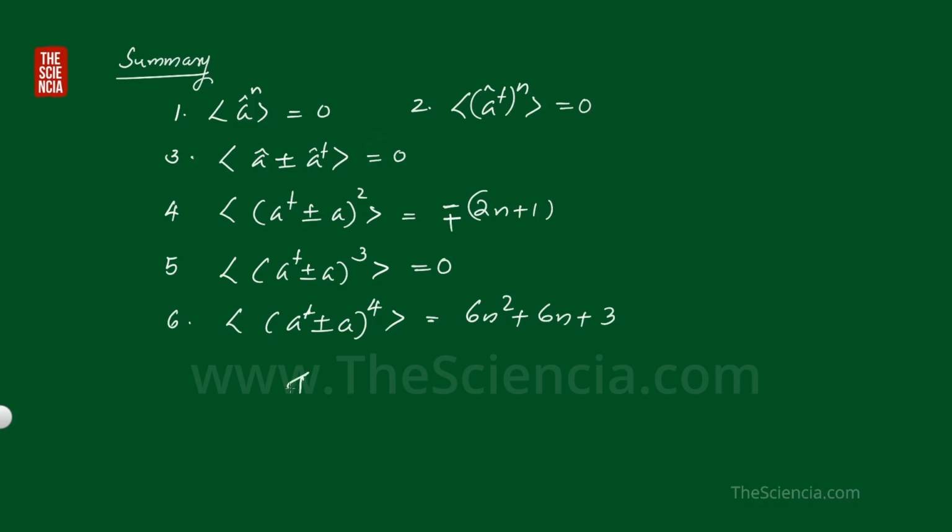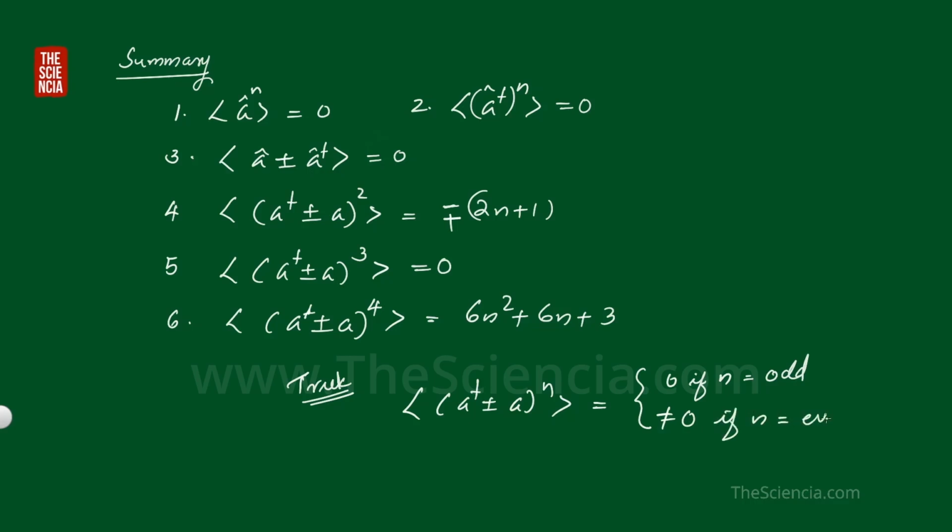Here I tell you some trick. (a dagger plus or minus a) raised to n is equal to 0 if n is odd, and this will not be equal to 0 if n is even.